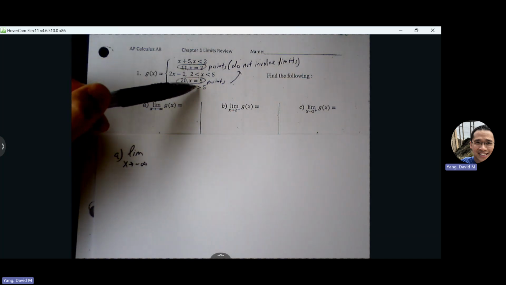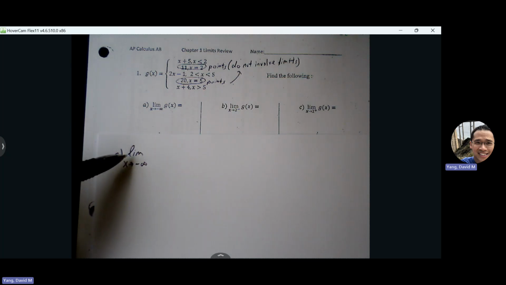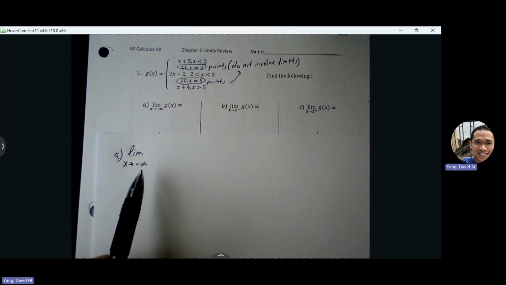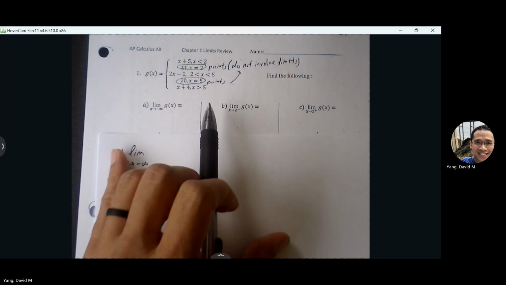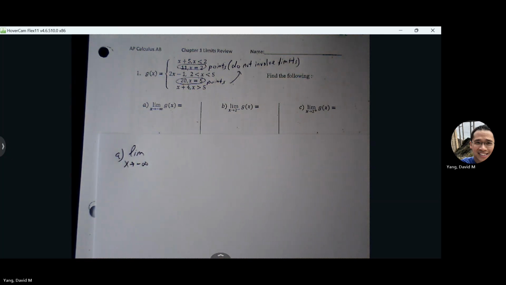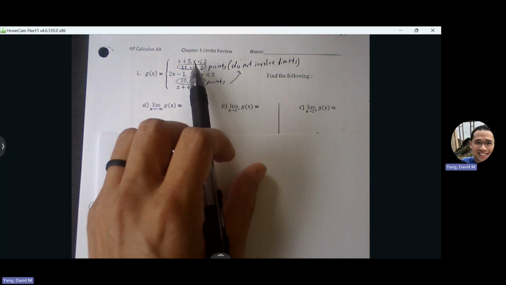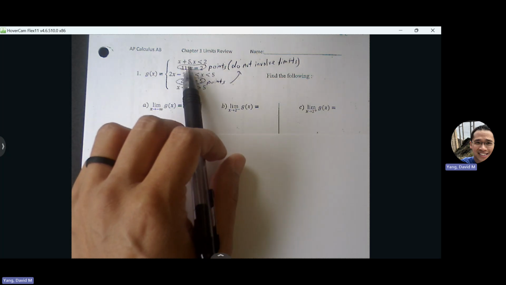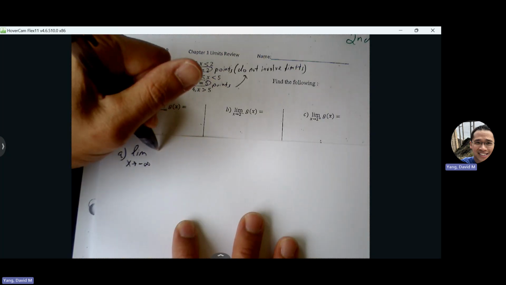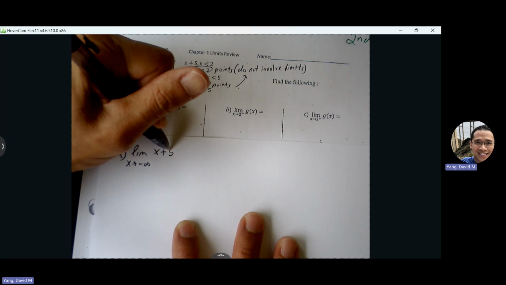So which interval is going to be still there if we're all the way to negative infinity? Which piecewise will be suitable for? Good, because we're talking about anything to the left of 2 is going to be looking at that x plus 5, right? So go ahead and put the x plus 5 there.